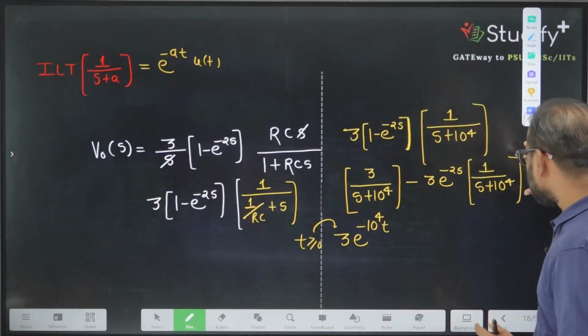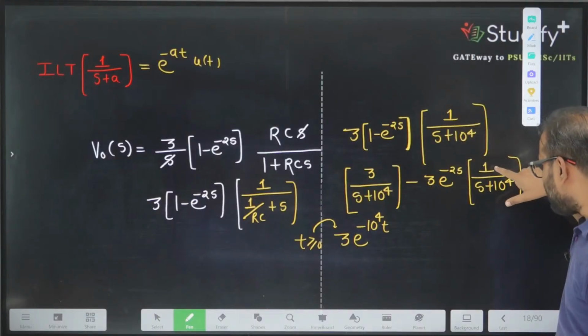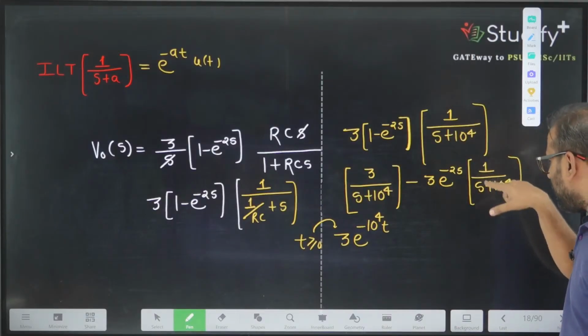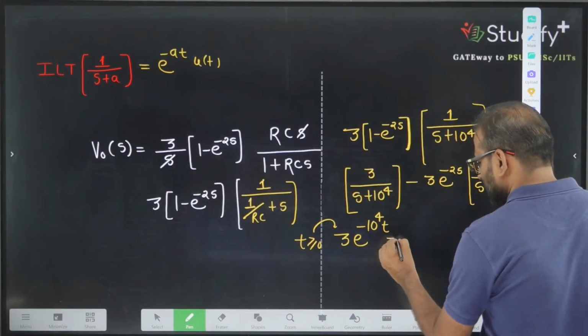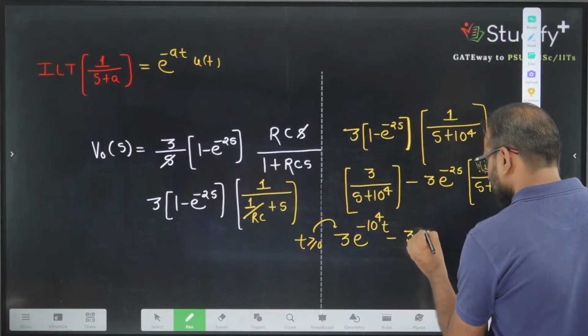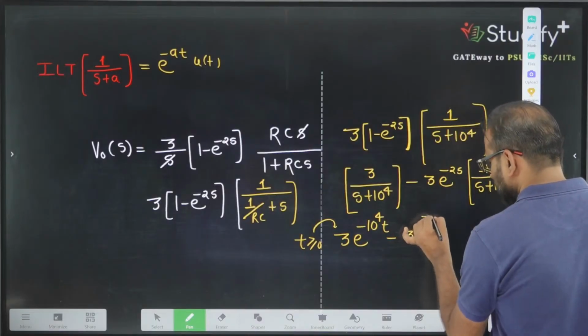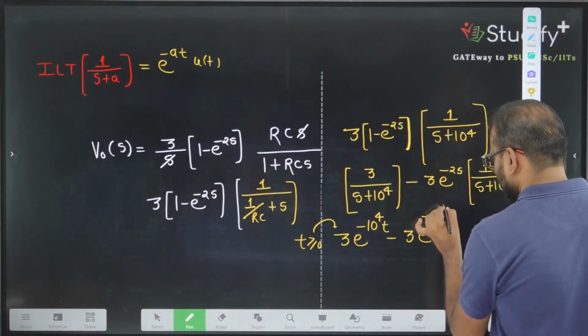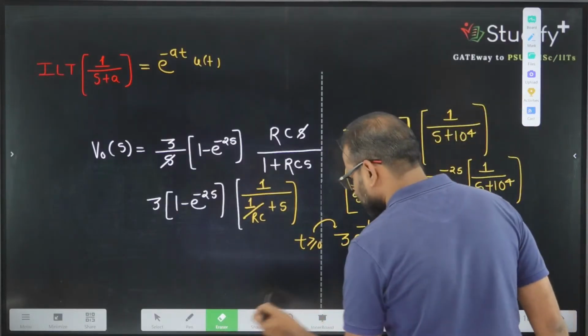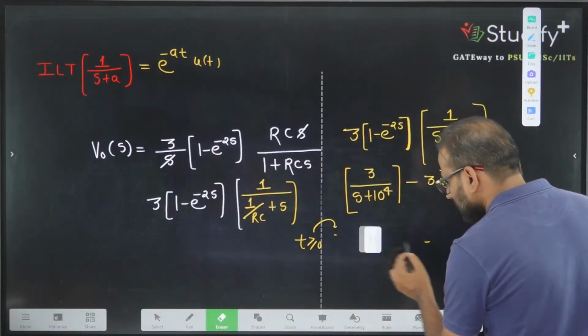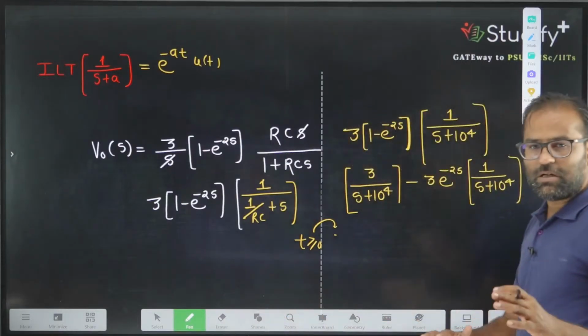Always remember, this expression belongs to that category. But when you look at the second expression, what is the inverse Laplace transform of this? I can write the inverse Laplace of minus 3 e to the power minus 10 raised to the power 4 into t. It is better to write with the u(t).